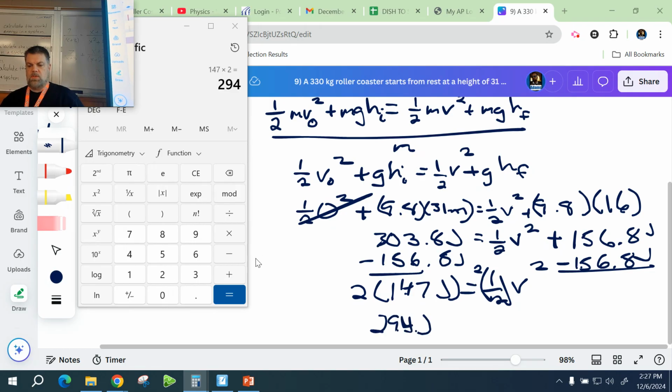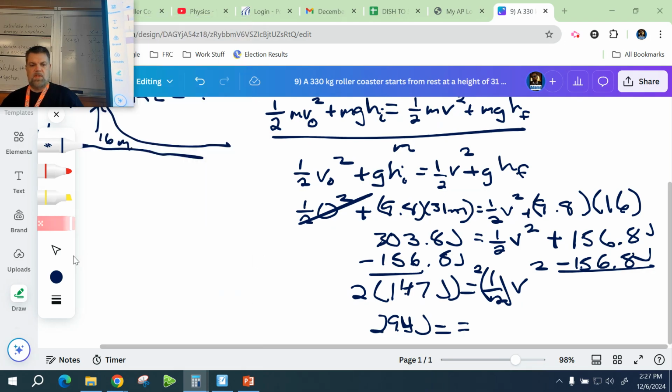294 joules is equal to the velocity squared. So now what do we do? Take the square root of both sides.